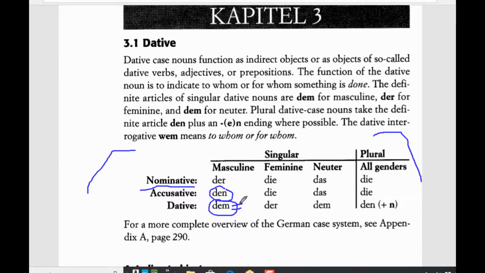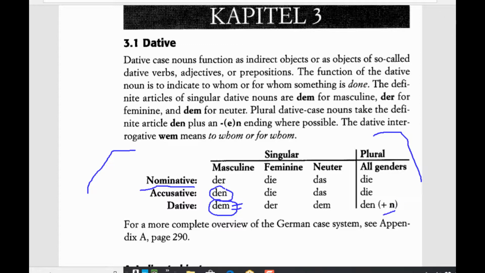That M in English from whom actually comes from the M in the dative definite article in German. So the feminine is der, and the neuter is dem. And then for plural, it's den plus an N on the noun, and we'll see lots of examples of that.